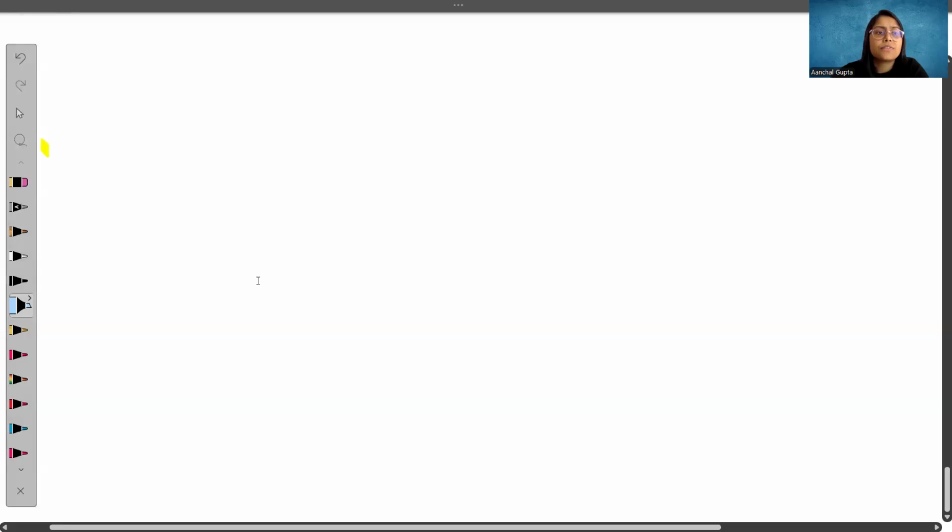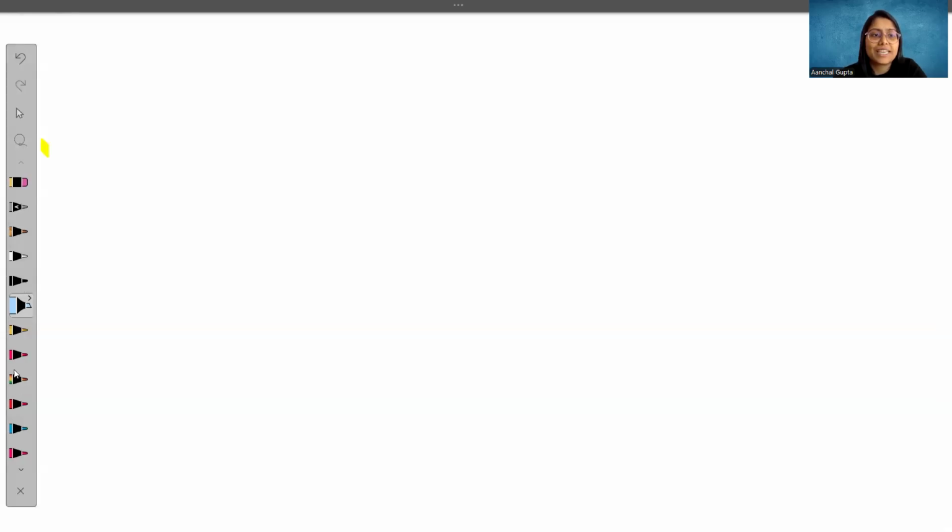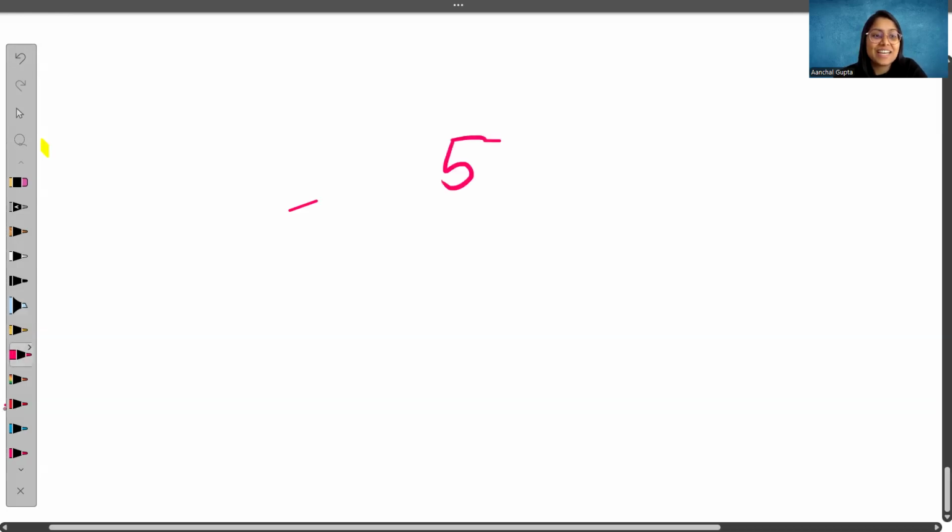So let's see how polynomial division is connected to number division. Can you help me divide 5 chocolates among 2 kids? How do we do it and what do we get?